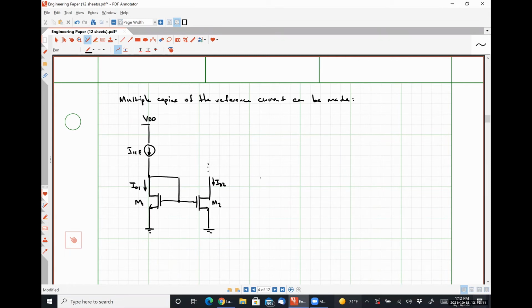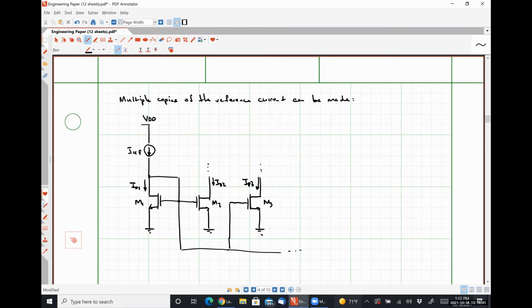But I could make another copy, ID3 in transistor M3, like so.